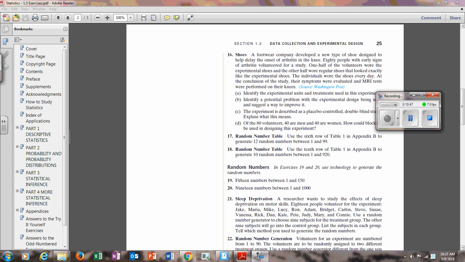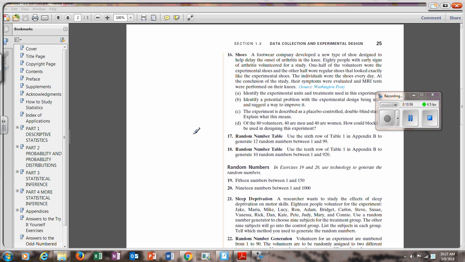All right, number 17. It says use the sixth row of table 1 and appendix B to generate 12 random numbers between 1 and 99. Guess what? I didn't give you the table 1 and appendix B. So it'd be hard to do this. But you could have used the one that's in your notes. So if you pull your notes up, easiest way to do it would be to say, okay, I'm going to take the sixth row of the table and then just do the first two numbers of each one of the random numbers sets.